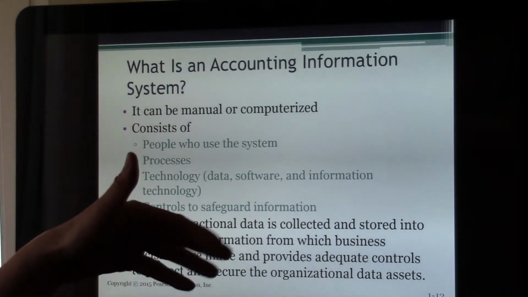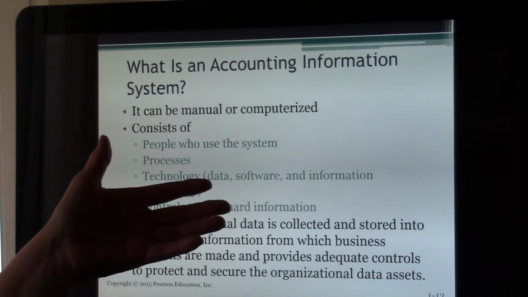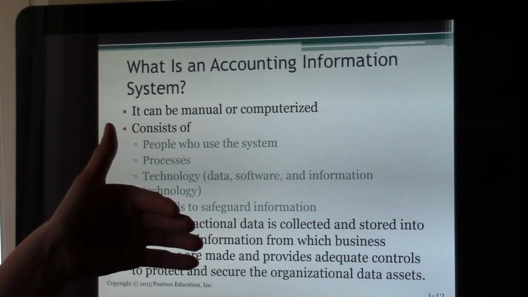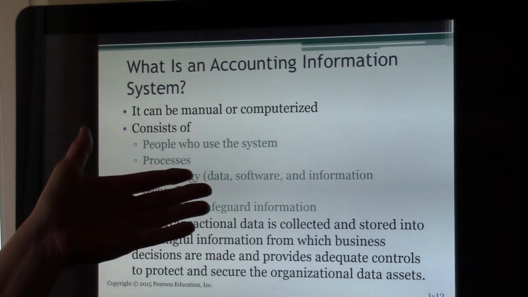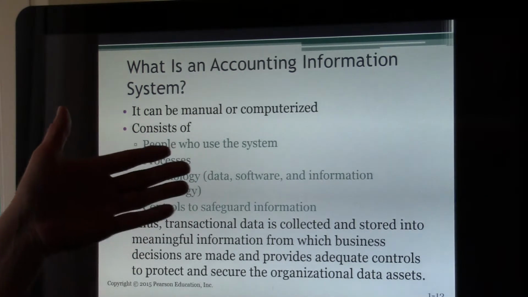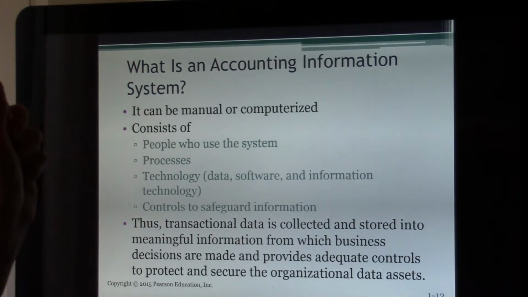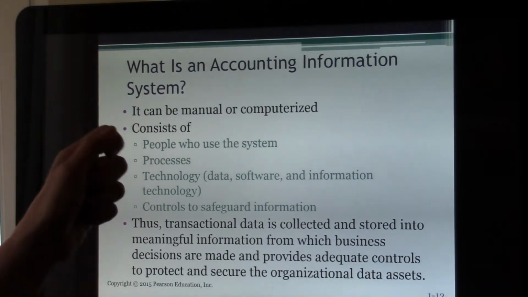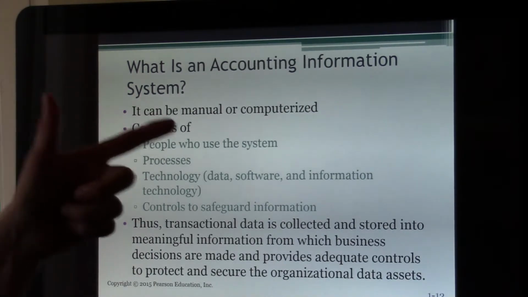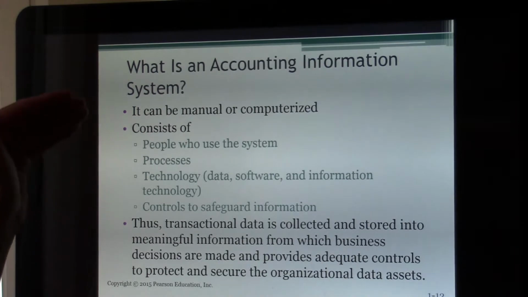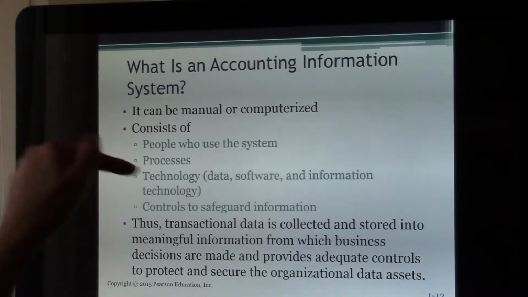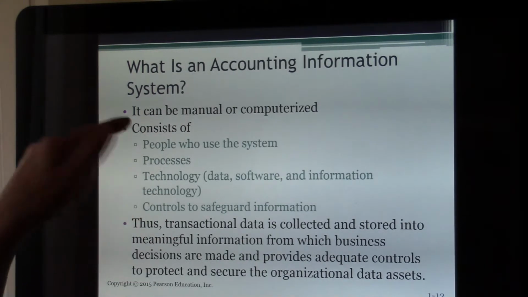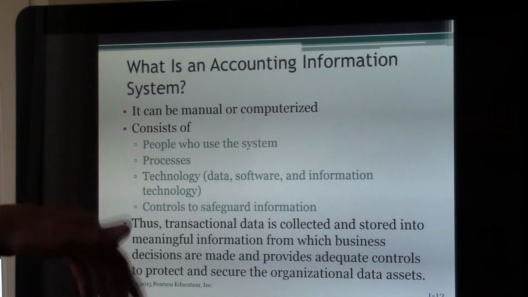It just so happens to be using the technology of a computer. When we do the SUA, we're going to use the technology of a paper journal, which is how it used to be done for centuries. All right, so manual or computerized. People use the system. There's processes, there's technology, and there's control. So this is a system.